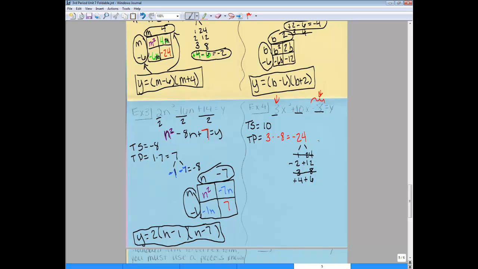So how do we get -24? Which one of those will give me a -24 when I multiply them? Well, positive 4 times positive 6 gives me a positive 24. So it cannot be that one. It has to be this one. That'll give me a -24. So we do our box.